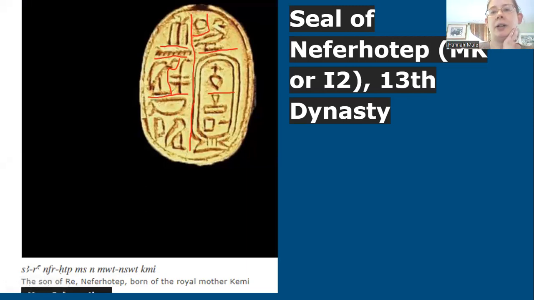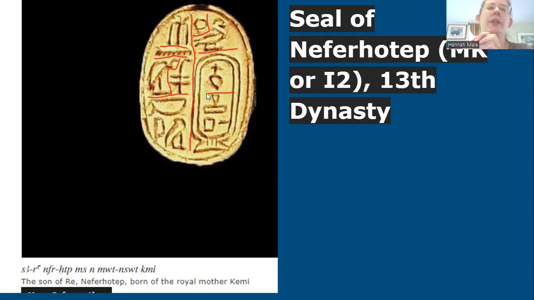So the individual entries give you what the object is, and they give you, I think, the date as well. So this is the seal of Neferhotep. He was a private, or it looks like he was a royal individual.